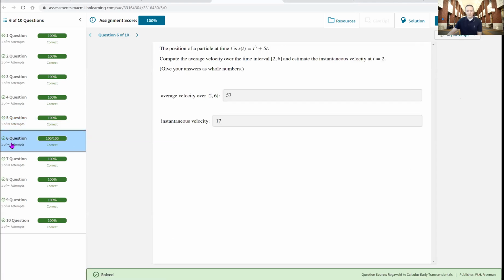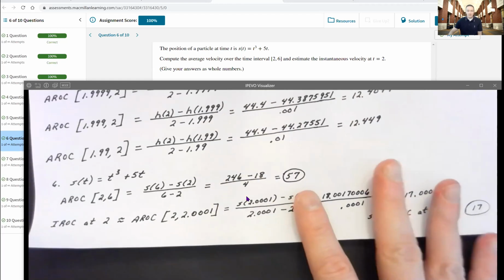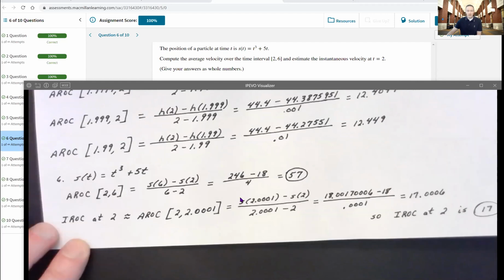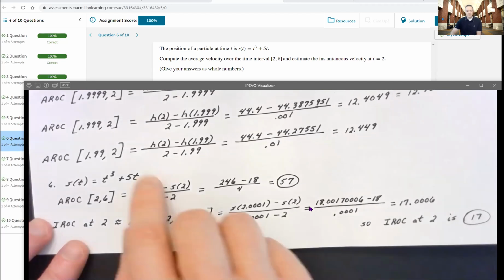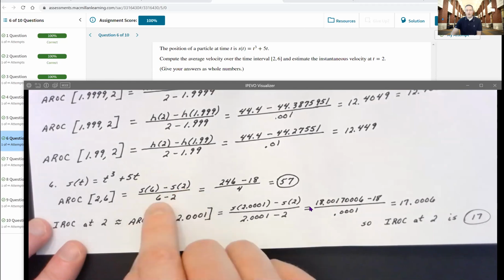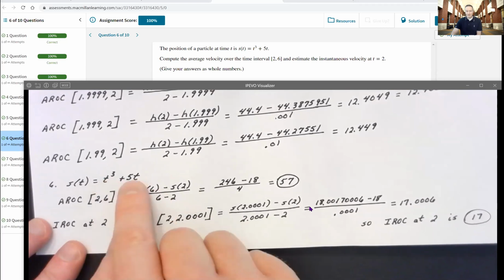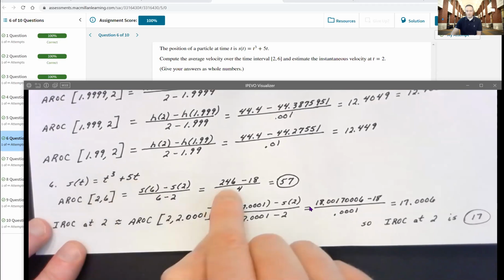For number 6, these are all fairly similar. In number 6, we're looking at the position function t cubed plus 5t, and we're trying to find the average rate of change from 2 to 6. The average rate of change from 2 to 6 is just ending position minus beginning position over ending time minus beginning time. When I plugged a 6 into this function, it gave me 216 plus 30, and I got 246.